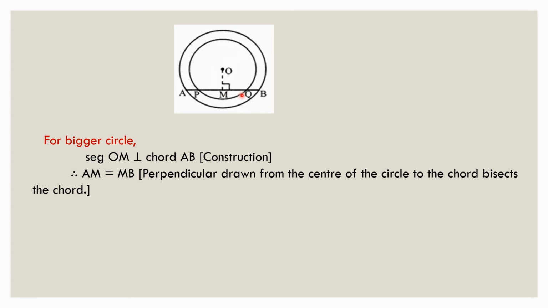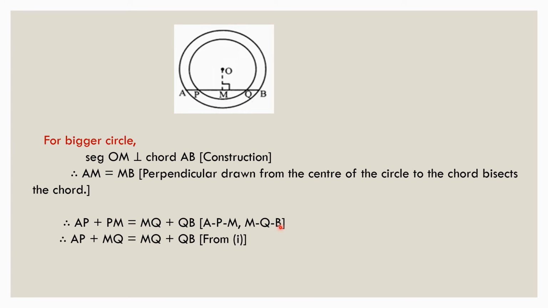Therefore, AP plus PM is equal to MQ plus QB, because A-P-M and M-Q-B. And from equation 1, PM is equal to MQ. Therefore, AP plus MQ is equal to MQ plus QB from equation 1. And eliminating MQ, therefore AP is equal to BQ.